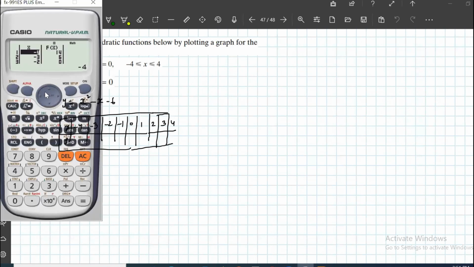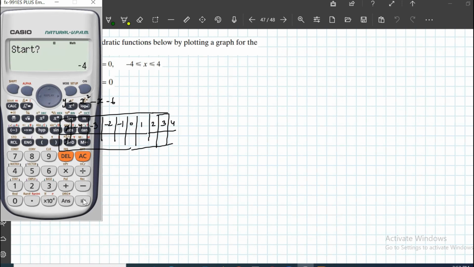So on the calculator, before that we have to write exactly the same equation, which is x square minus x minus 6. So alpha, then x power 2, then minus alpha x minus 6.